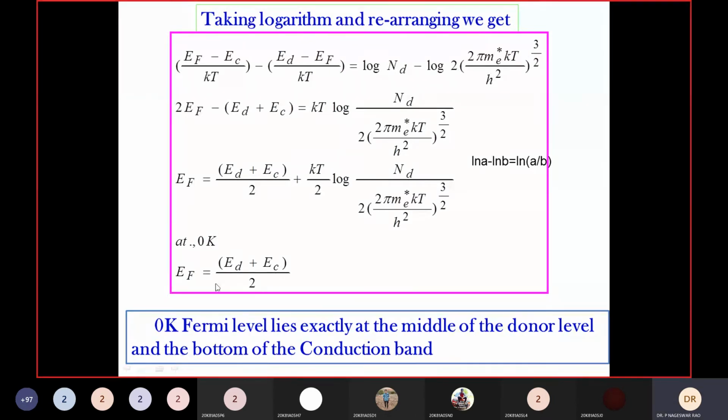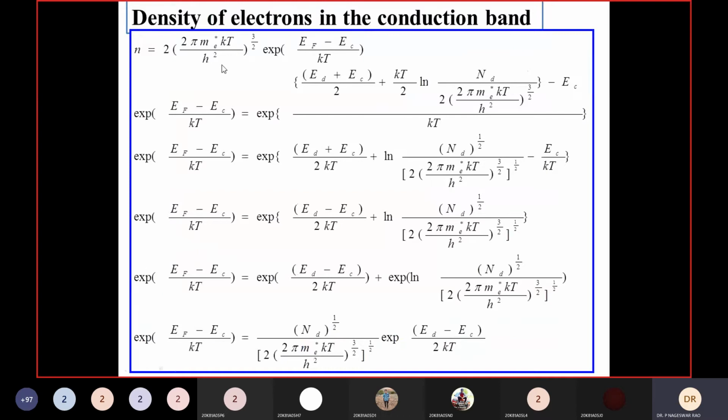Now we are calculating the density of electrons in the conduction band in case of n-type semiconductor. This is the Fermi level EF. In case of intrinsic semiconductor, charge carriers Ni equal to 2 into 2 pi, this value, exponential of EF minus EC by kT.